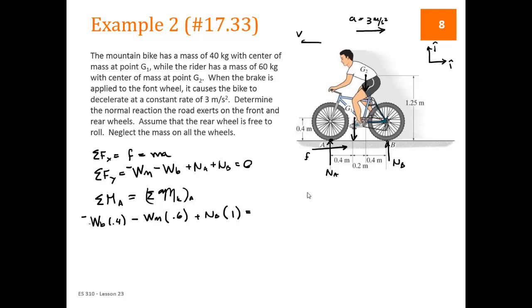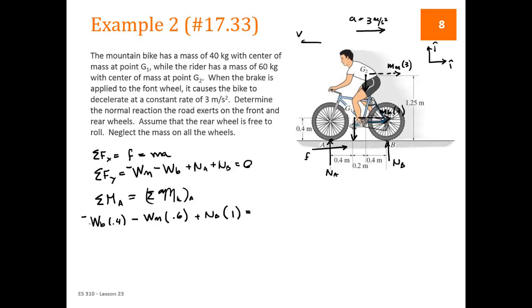I'm going to draw them as dotted lines. The man and the bicycle are both decelerating, or accelerating, to the right. This is going to be m of the man times 3, and this is going to be m of the bicycle times 3.